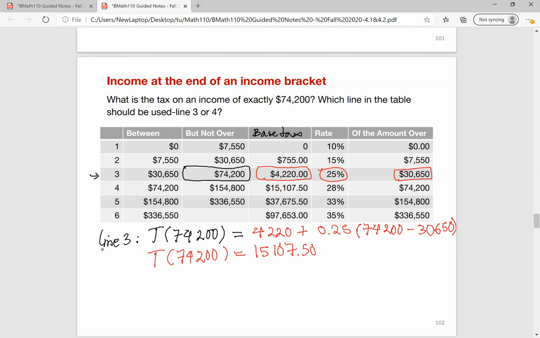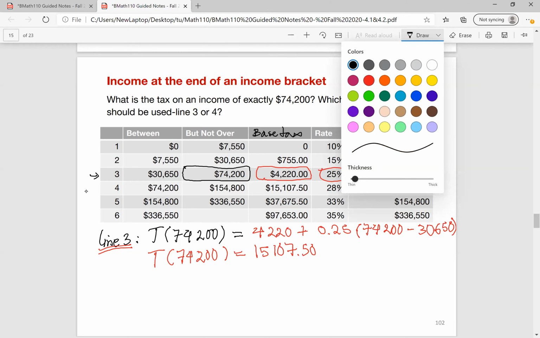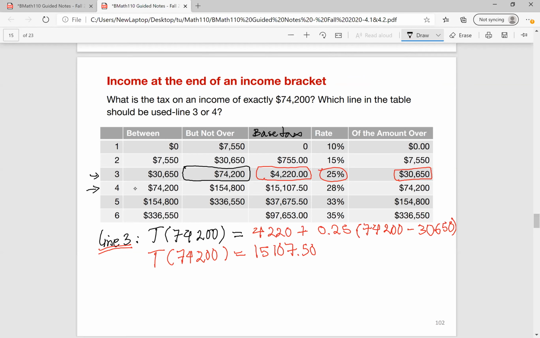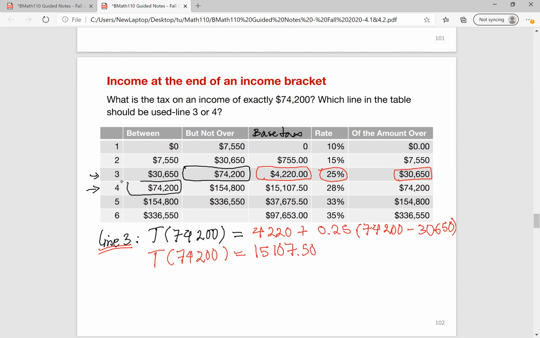Okay, so that is the tax that you have to pay if you use the information from line 3. What about if you work with line 4? Remember that in line 4, 74,200 is the lowest income for this level.